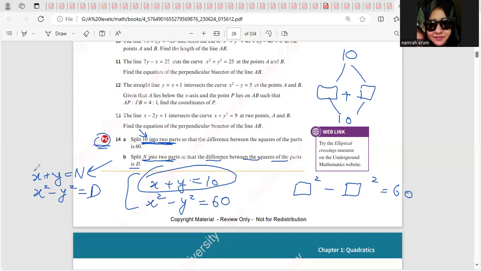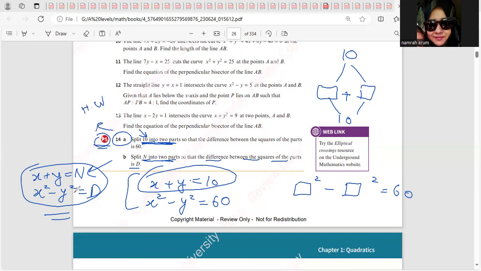Okay, now you have to solve these and find the value of x and y. This will be solved in terms of n and d, right? So don't worry. You need to give it a try here, please. Try solving these two equations and write down your answers in terms of n and d.